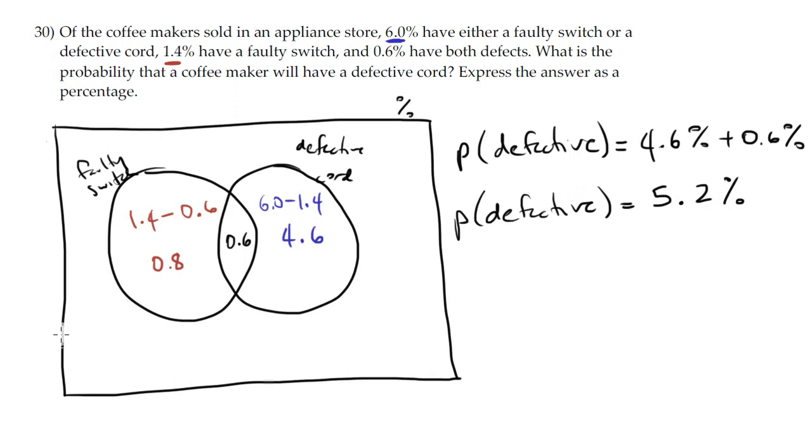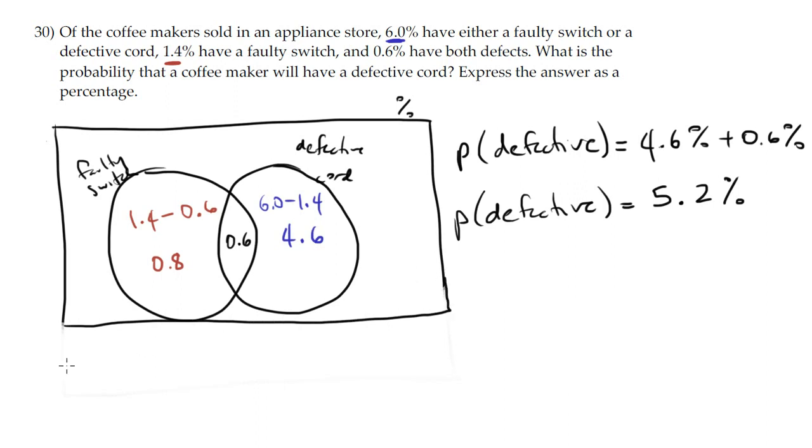Now you can also do this problem using the inclusion-exclusion principle, and I'll show that down here. So that's the probability of A or B, that formula there.